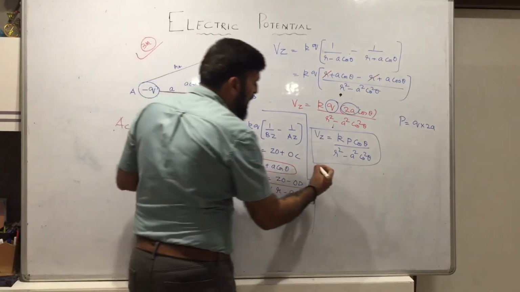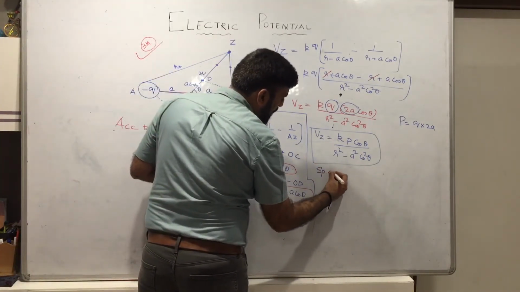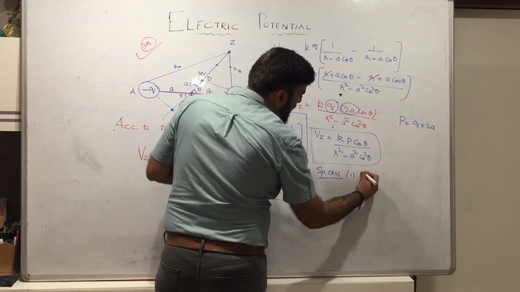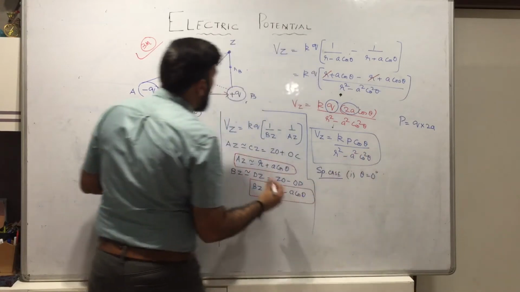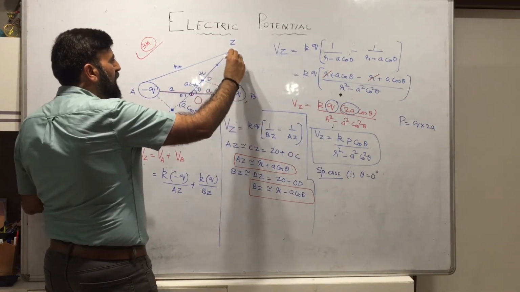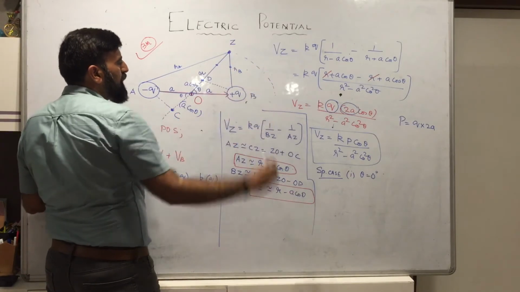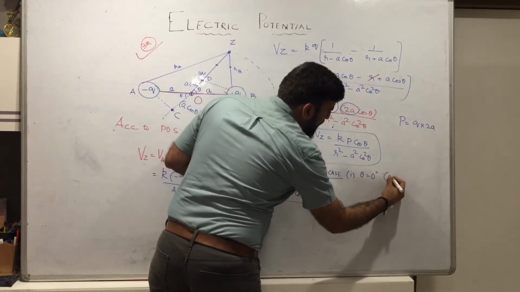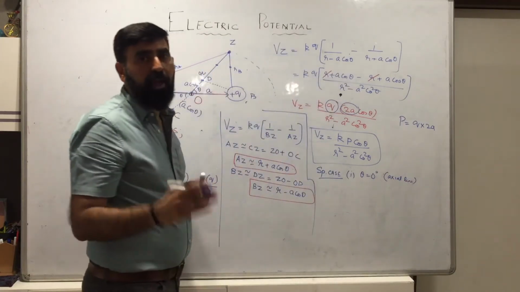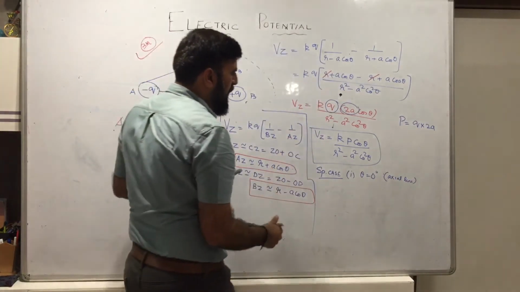So what we do here is we take a special case of this. What is the special case here? Special case 1, I'll take theta equal to 0. If I take theta equal to 0 means what? This is theta. If I take theta equal to 0, that means this point Z shifts on the axial line. This is nothing but your axial line. Or maybe they may ask you what is the potential on the end-on position of a dipole. This is the end-on position also.